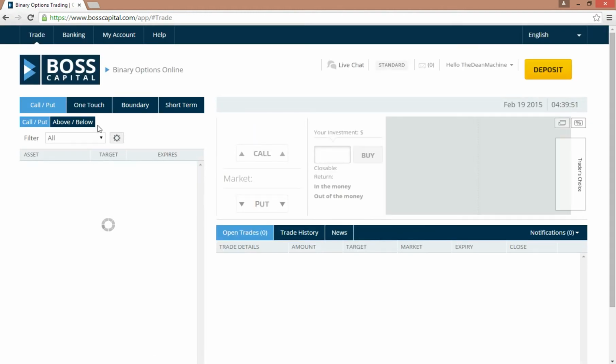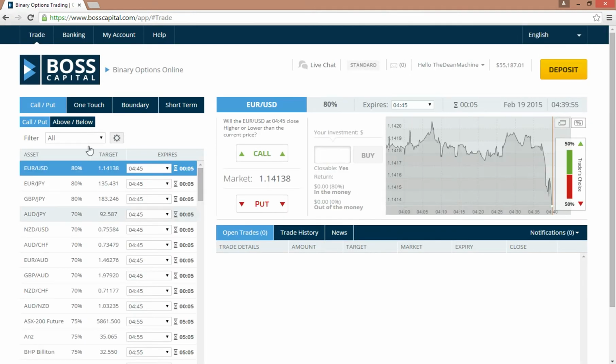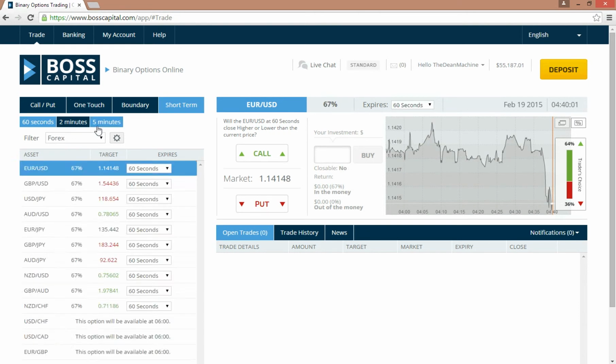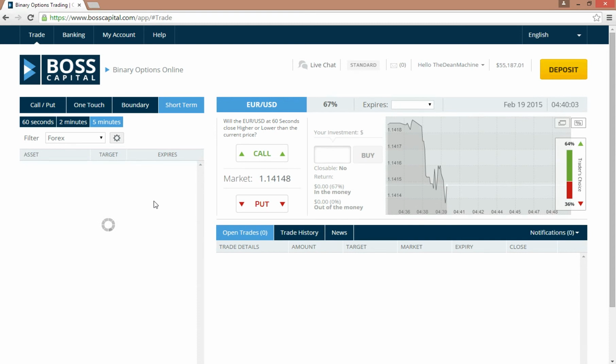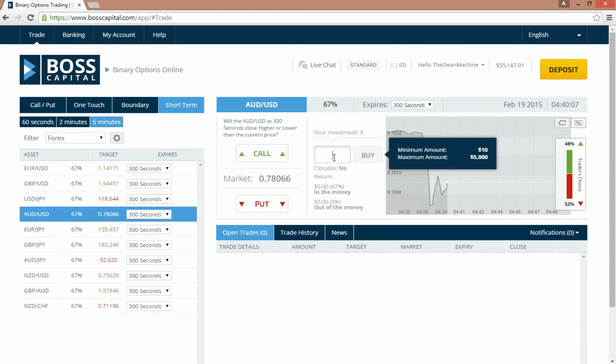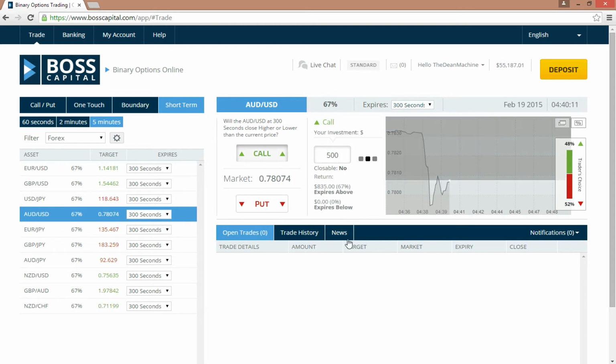So we're on the Aussie currency, AUD USD. Go for 5 minutes. I'm on there. And we'll get in.